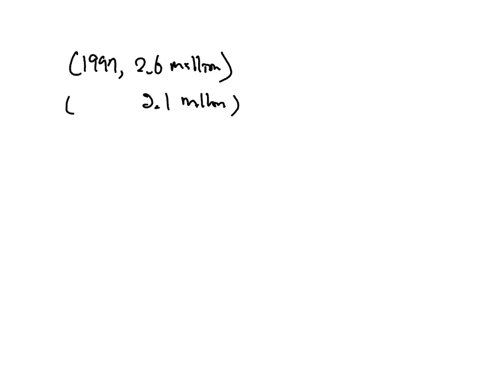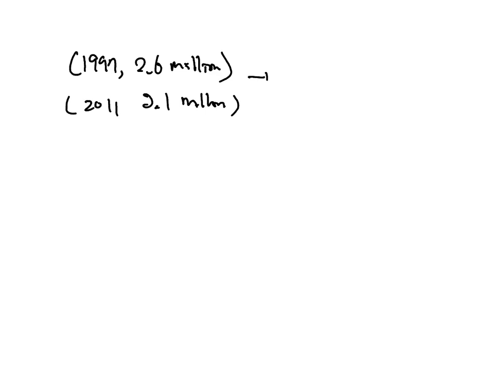Okay, next question. The number of Little League participants has decreased approximately linearly from 2.6 million in 1997 to 2.1 million in 2011. Okay, and let n be the number in millions of Little League participants at T years since 1990.